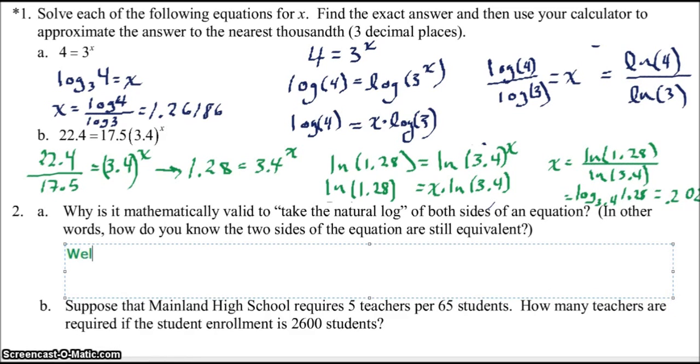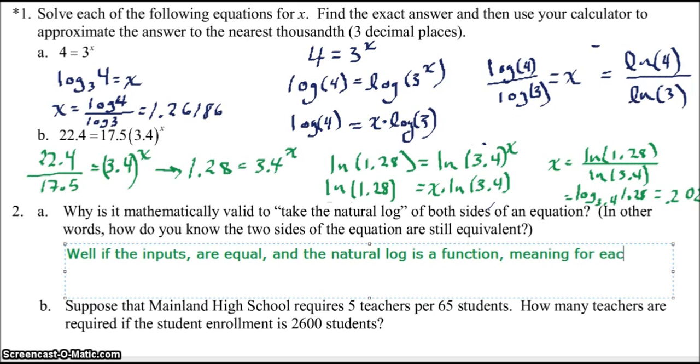Let's see. If the inputs are equal and the natural log is a function, meaning for each input there is only one output, then the outputs of equals are equals.